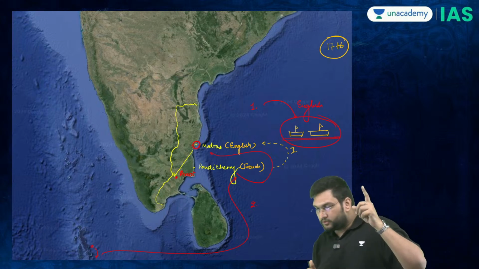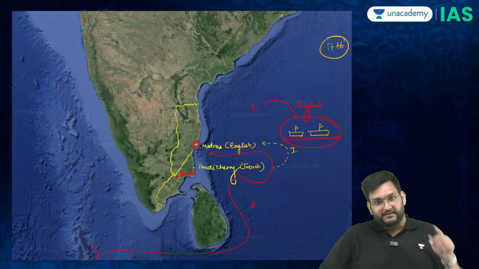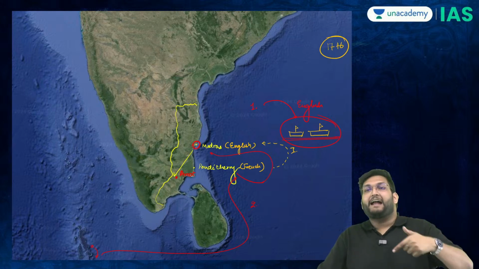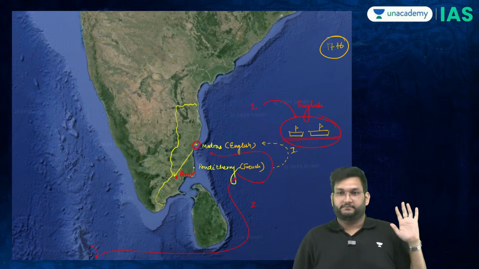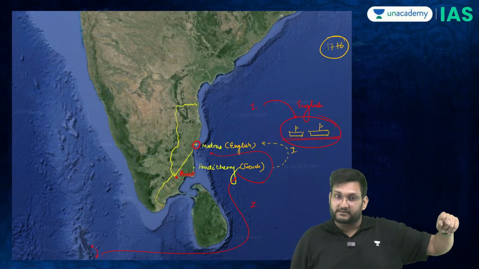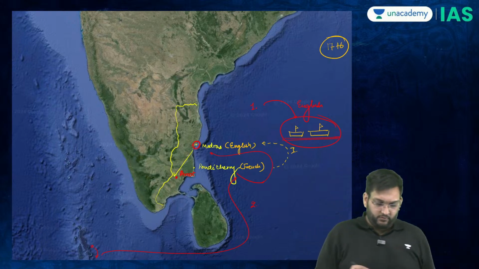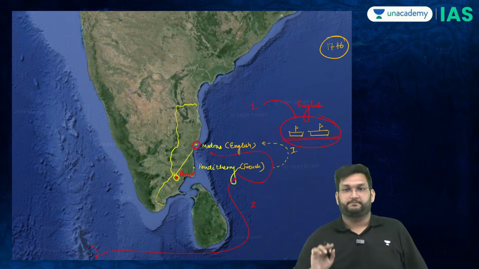Do not forget that the English were the first aggressors. But this is where they're doing politics and basically saying that the French actually hit us. And rather than fighting themselves, they are going to make Anwaruddin fight for them.